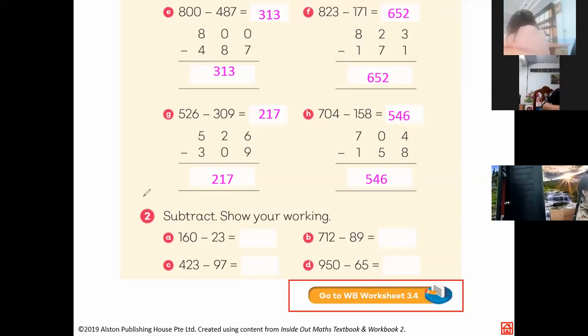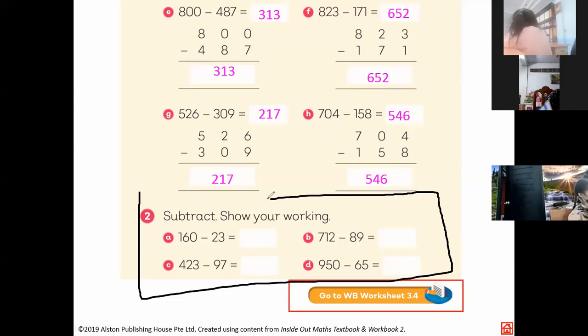Okay, what about here? Number 2. Subtract and then show your working.